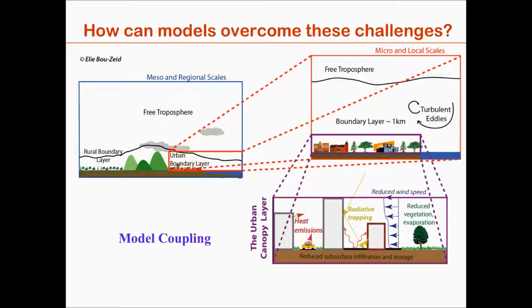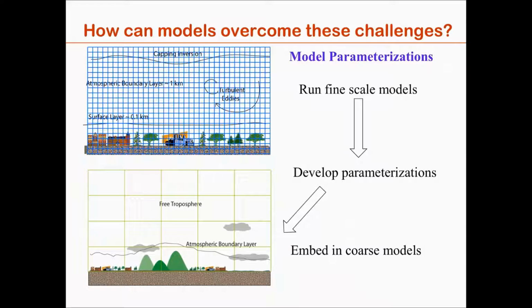And then within that micro or local scale model, you can also nest a very fine model that is mainly focused on representing the small scale physics that occur in the city. And I'm going to take you through how we do this model coupling a little bit in this webinar.